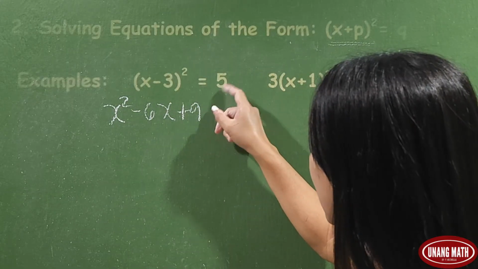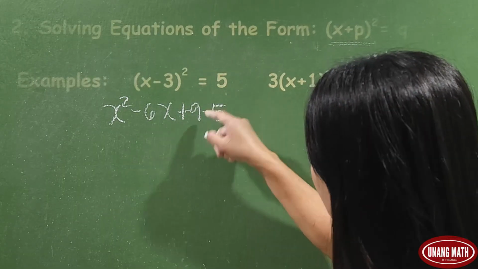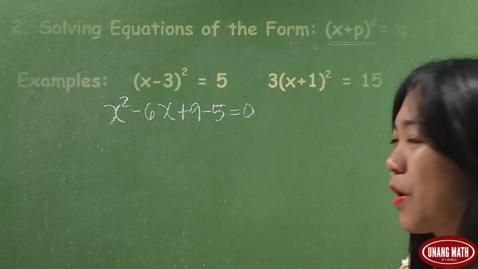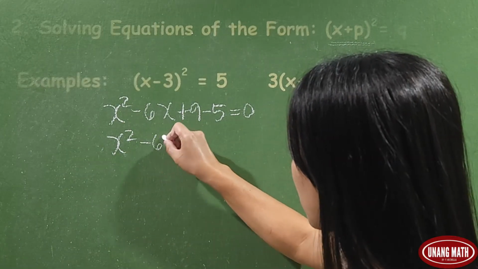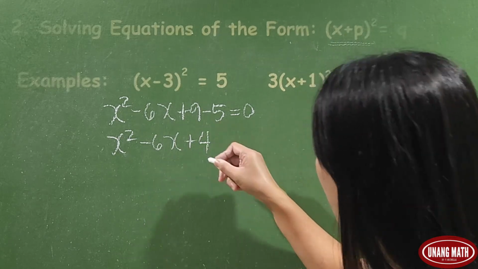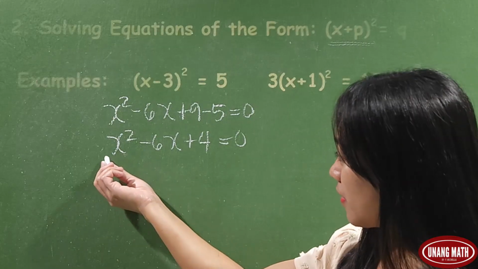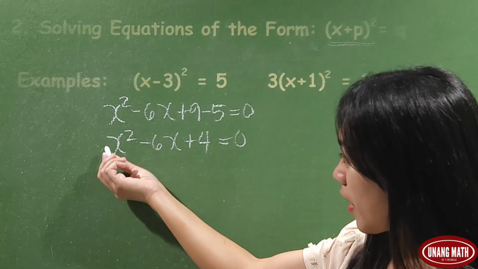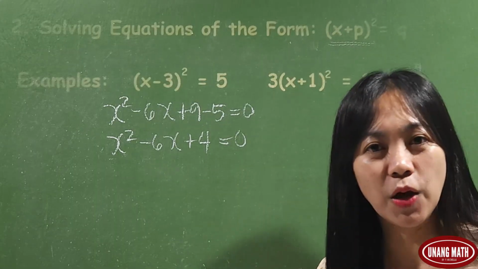This is equal to 5. So if we move 5 to the other side, minus 5, this is then equal to 0. So we now have x squared minus 6x plus 4 equal to 0. Notice that this trinomial x squared minus 6x plus 4 cannot be factored out.